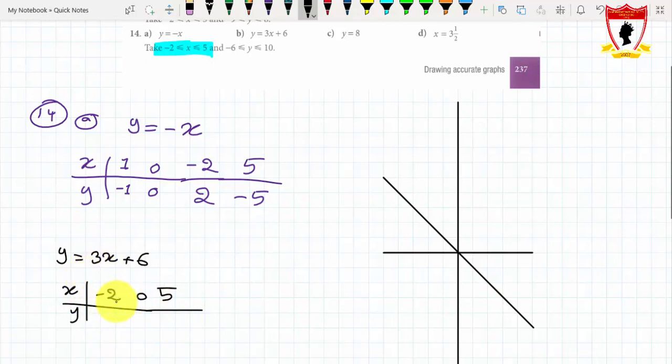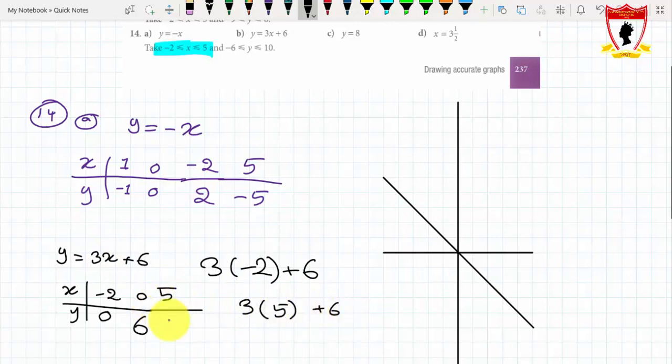Then if we put -2 in place of this x, we will have 3 times -2, which is -6, plus 6, it will be 0. If we put 0 in place of x, it will be 3 times 0, 0, plus 6, 6. And if we put 5 in place of x, 3 times 5 is equal to 15, plus 6 is equal to 21. 21 exceeds the y-axis, the range of y-axis.